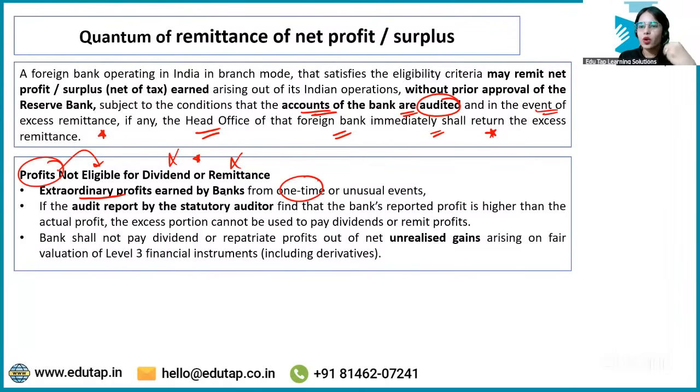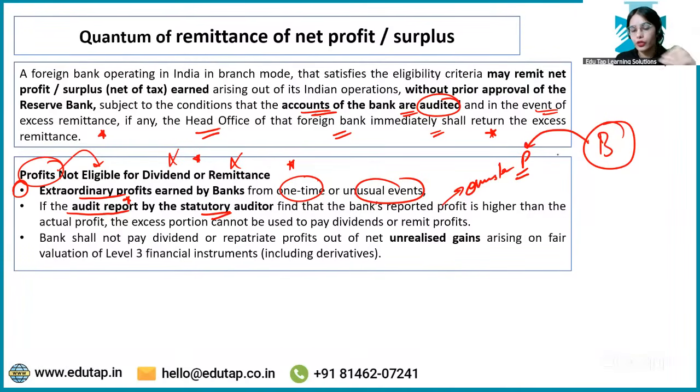If there is an extraordinary profit, a one-time or unusual event, dividend cannot be paid out and remittance cannot be made from it. Second, if the audit report by the statutory auditor, that is the legal auditor, says there is overstatement of profit, that the bank has mistakenly overstated the profit, then dividend cannot be paid out from this overstated profit because it is not the actual profit.